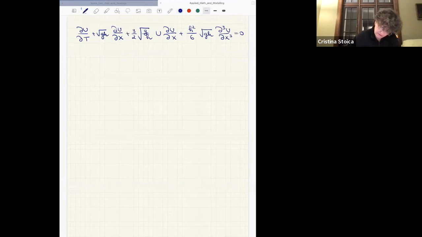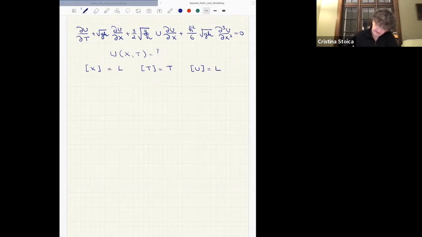So the question is, what is this? All these guys have units. The units for x is length, the units for t is time, the units for u is again length.